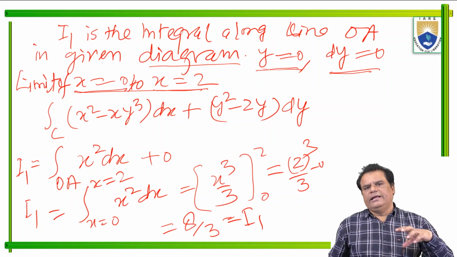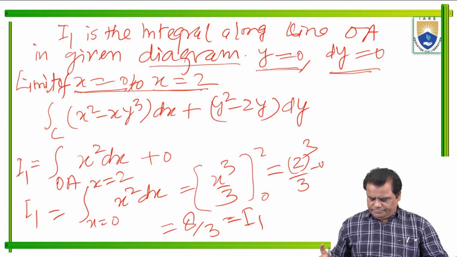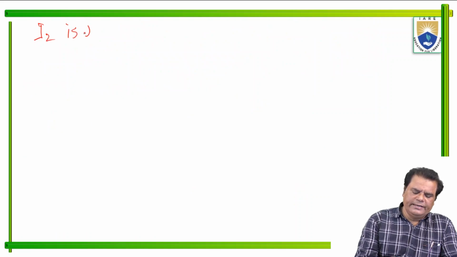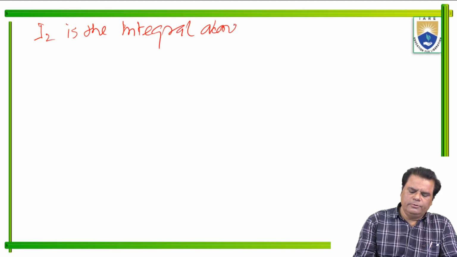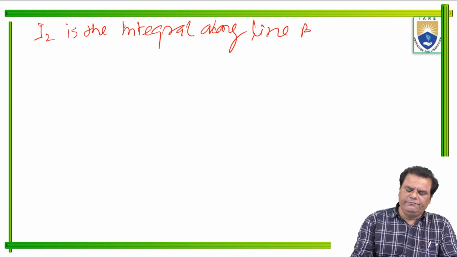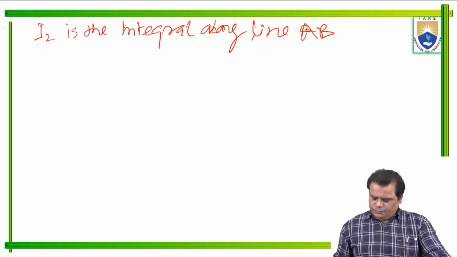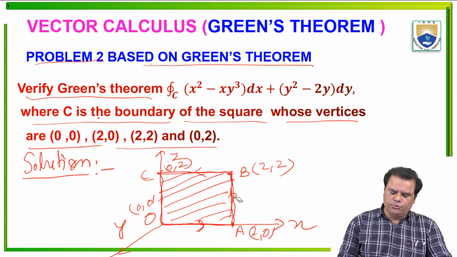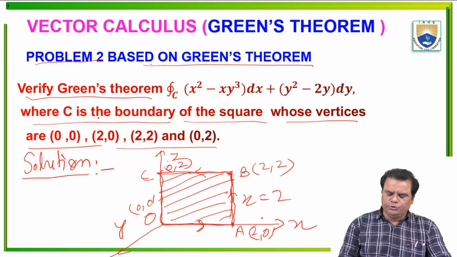First of all, in the left hand side, we found the line integral along only line OA. Now next, I2. I2 is the integral along line AB. What is along AB? Along AB, x equal to 2, and y goes from 0 to 2.